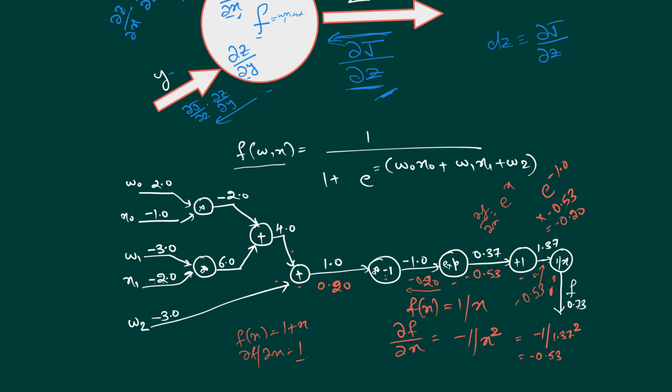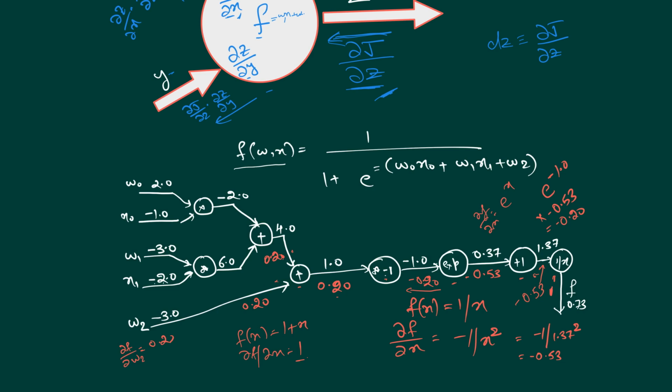So the local gradient with respect to this input is 1. And then we have 0.20, so 1 multiplied by 0.20, we will have 0.20 going out here. Exactly the same argument out here, x plus y, del f by del y, 1 multiplied by 0.20. So for W2, we already have the del f by del W2 as 0.20.